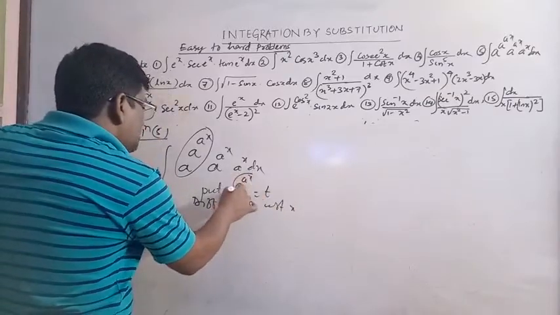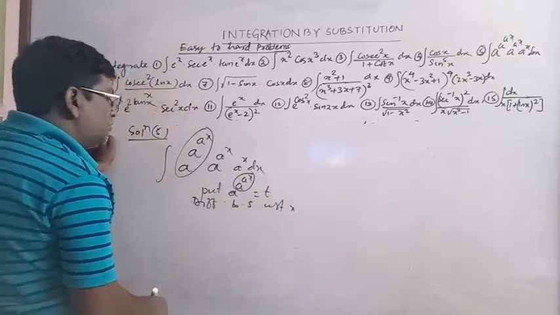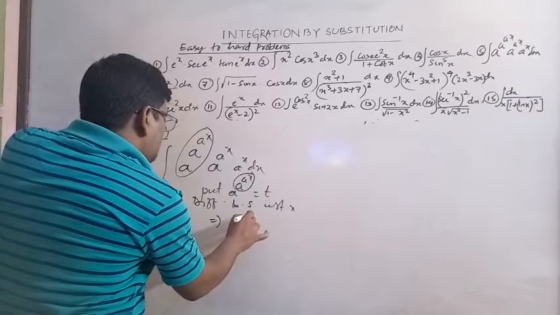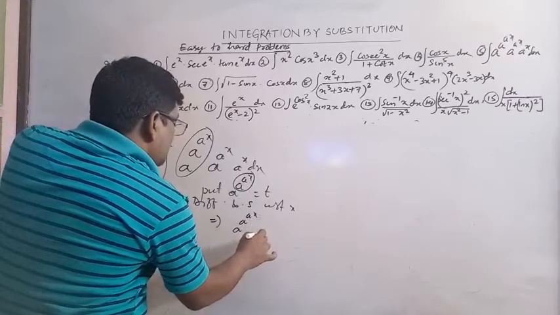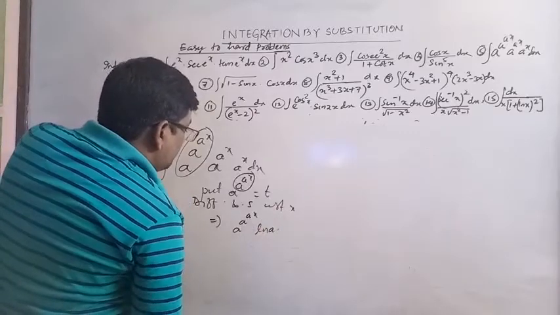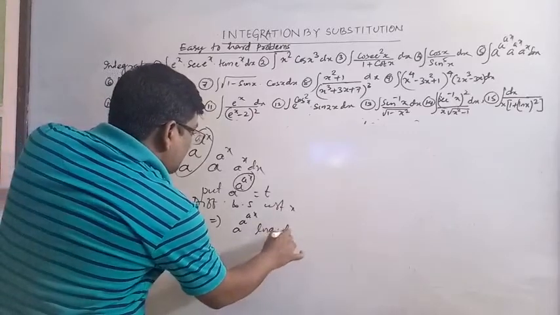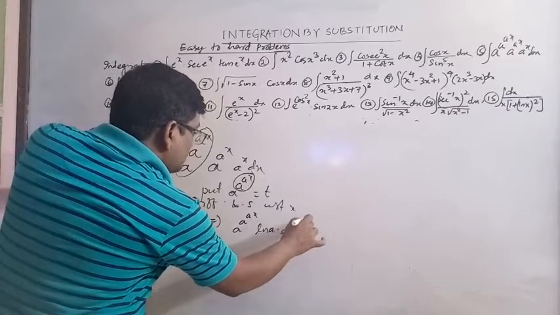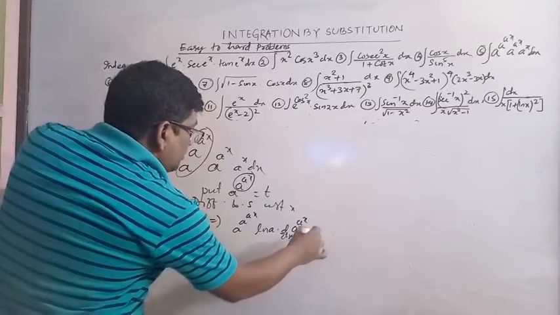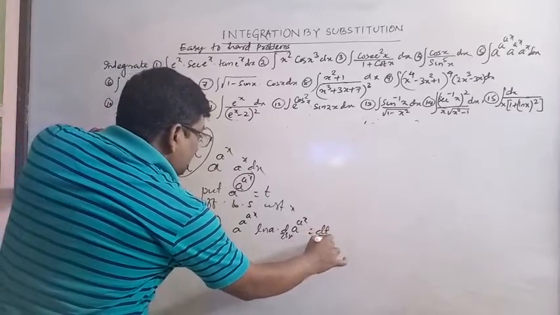So this is equal to what? Suppose consider this is x. The derivative of a to the x is, by formula, a to the power a to the x into log a. Again d by dx of a to the x is equal to dt by dx.